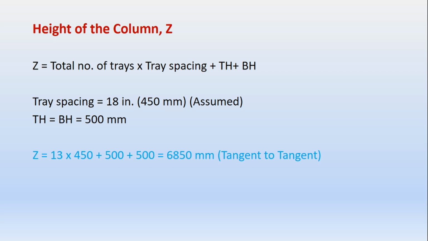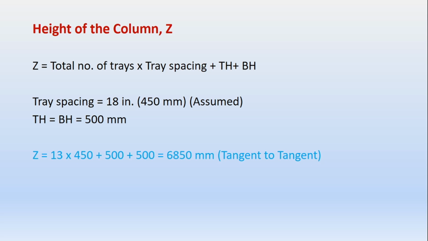Once that is fixed, we multiply it by the number of stages, and we get the height of the column from the topmost stage to the bottommost stage. Above that we will have a top disengaging zone and a bottom disengaging zone. TH is the top disengaging zone above the topmost tray, and BH is the bottom disengaging zone below the bottommost tray.